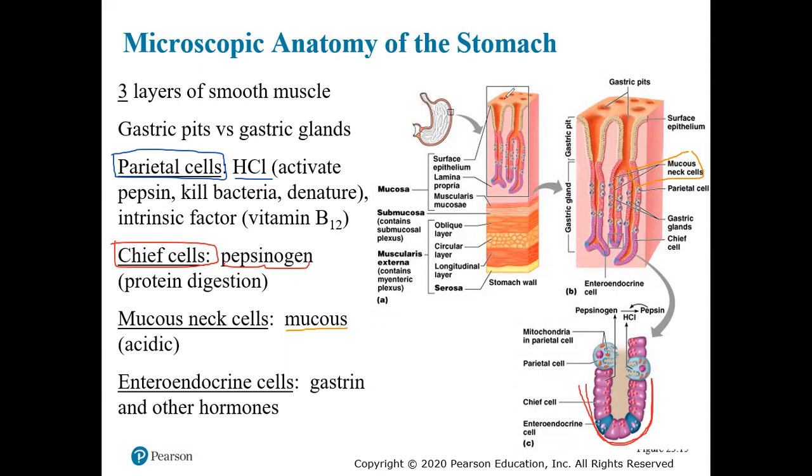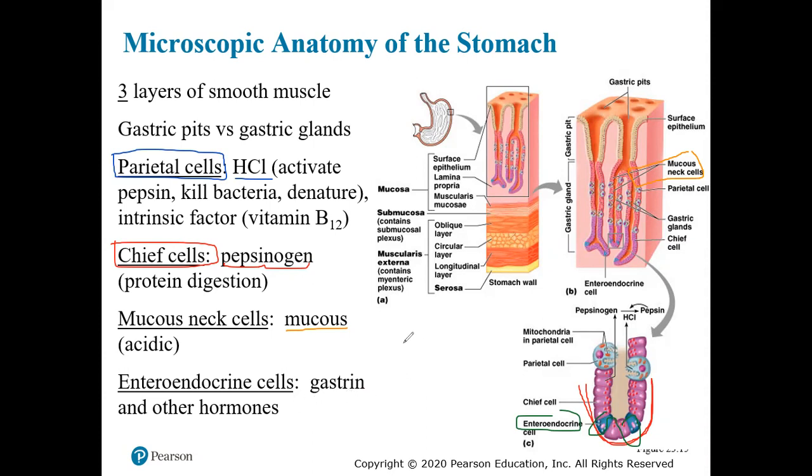The enteroendocrine cells are also located here at the bottom, and they secrete a wide array of hormones, gastrin and serotonin, and a few other hormones that we're not going to go into.